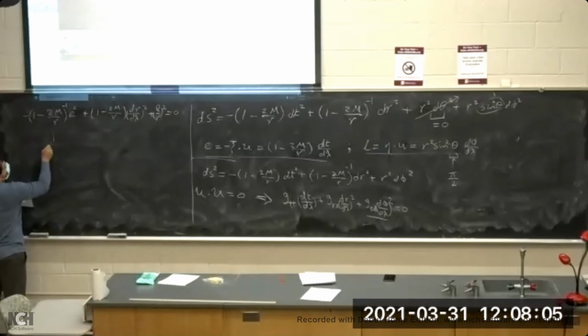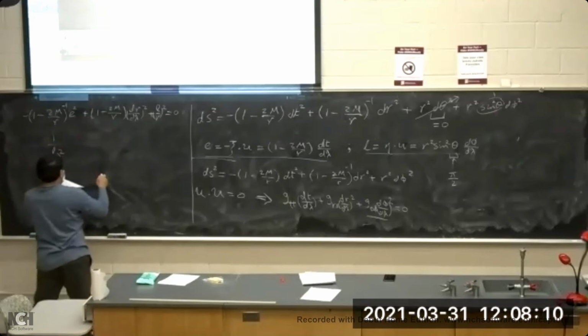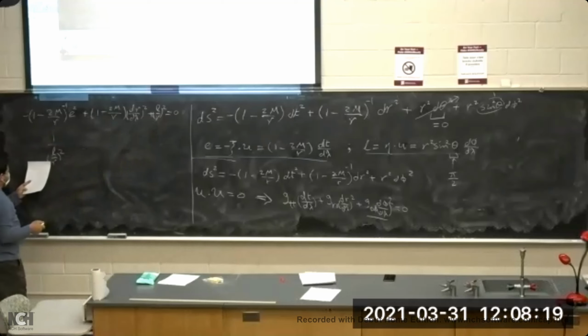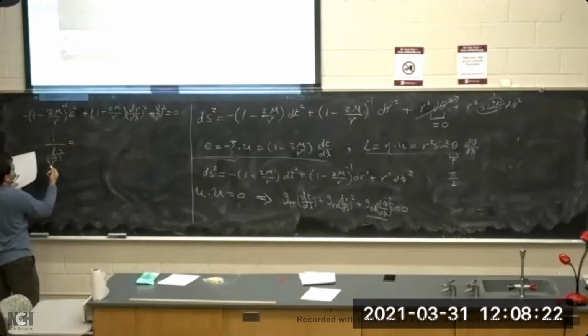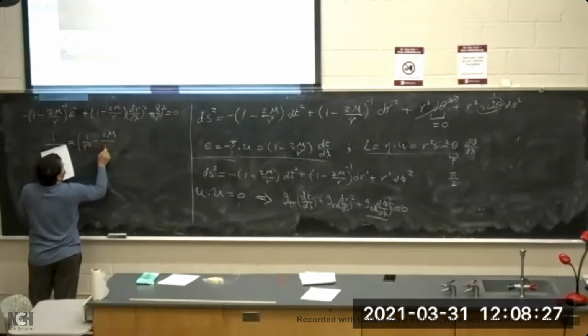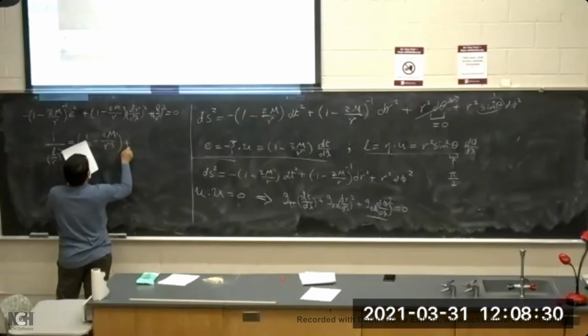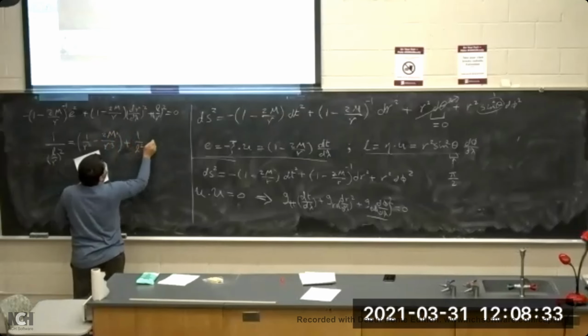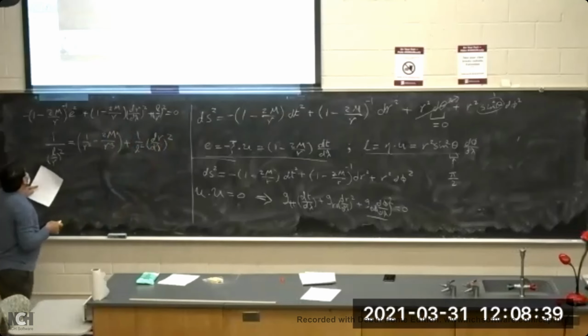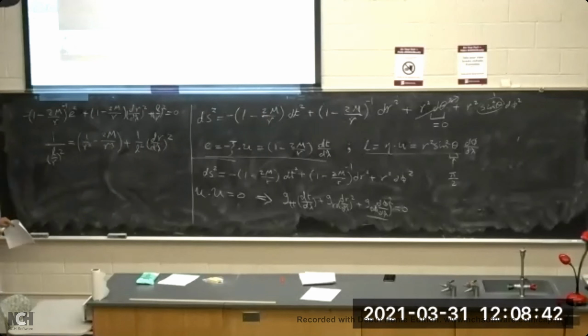Then by reorganizing, we will find this relation: 1 over L square (dr by d lambda) square plus 1 over r square minus 2m over r cube equals E square over L square. We put this term L over r because we will define it as 1 over b square.